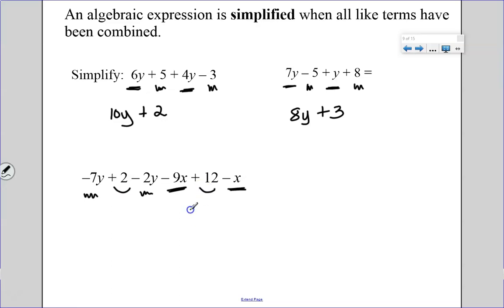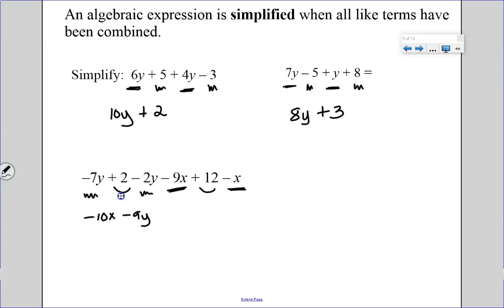So starting with the x's, negative 9x and negative x, well, that translates into negative 9 plus a negative 1, which would make a negative 10x. If I do the y's, I have a negative 7y and negative 2y, which would translate into negative 7 plus a negative 2, which would give me a negative 9y.